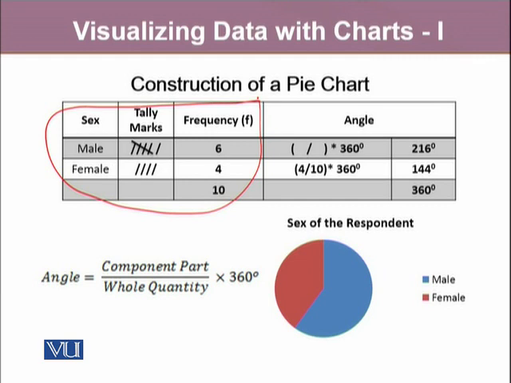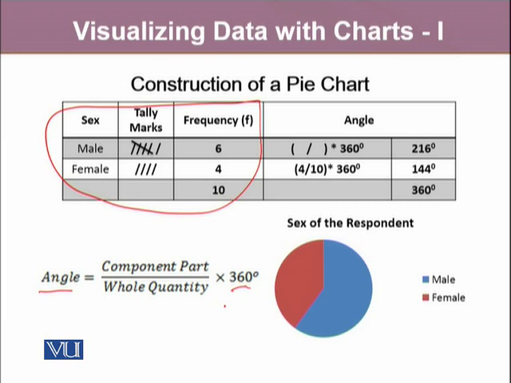To construct the pie chart for this frequency table, we do need to know the angle, as we already know that a whole circle has 360 degrees. So each component should divide this whole 360 into its subsequent parts. Over here in our variable, there are two categories.